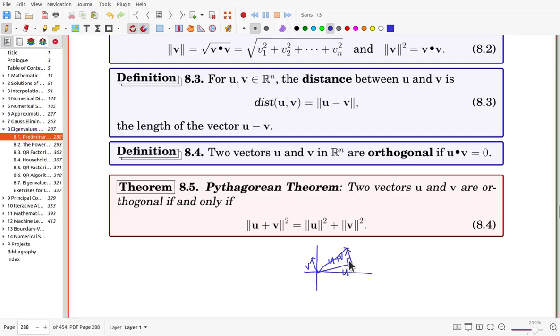Once this is a right angle, then this length squared plus this length squared must be the length squared of this hypotenuse. Right? So that is the Pythagorean theorem.